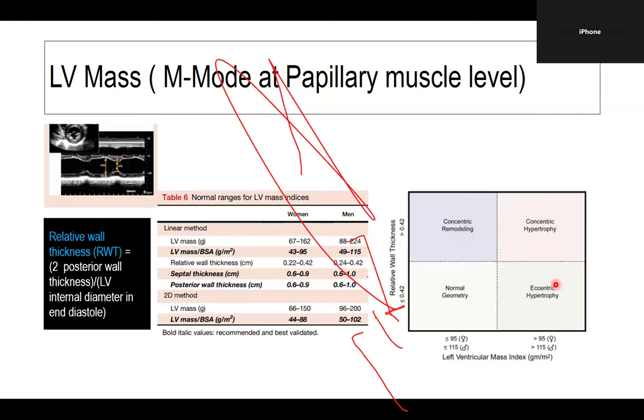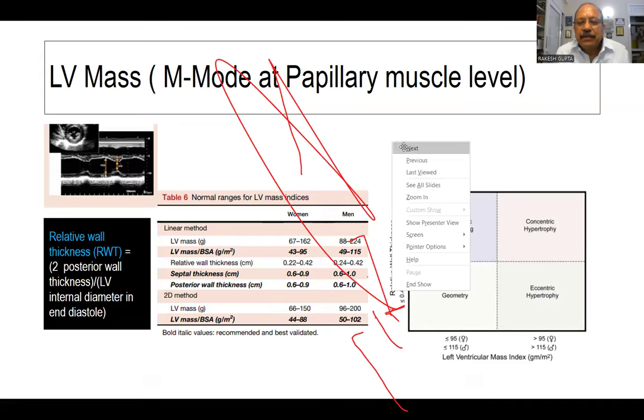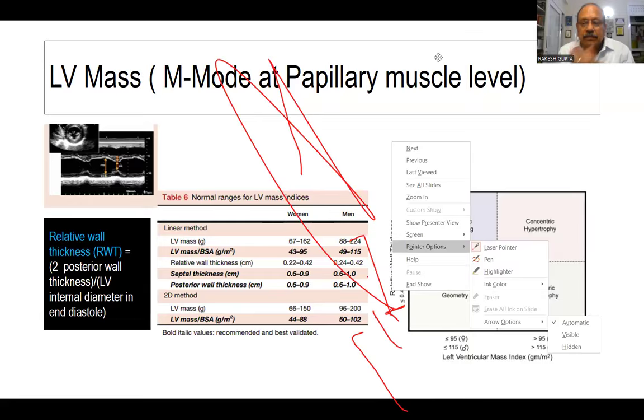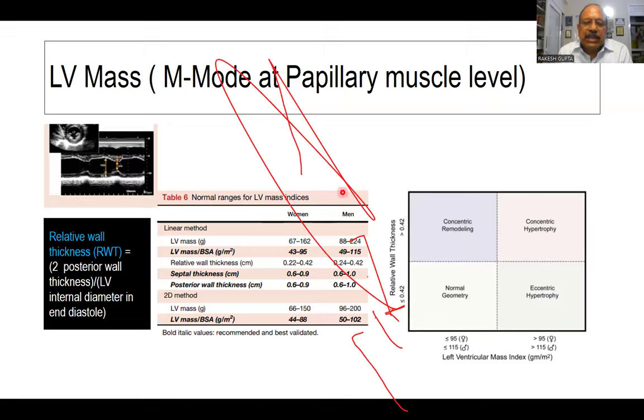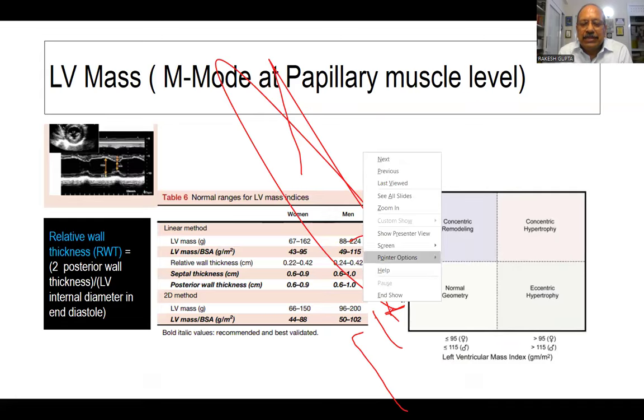Somebody's on iPhone whose volume is on. Someone asked me to remove the red line, please. It's not in my hands, this red line. Somebody has put on this red line. I'll try. The eraser is not working. The person who has put on this line can erase it if he wants, because the eraser is not in my hands.